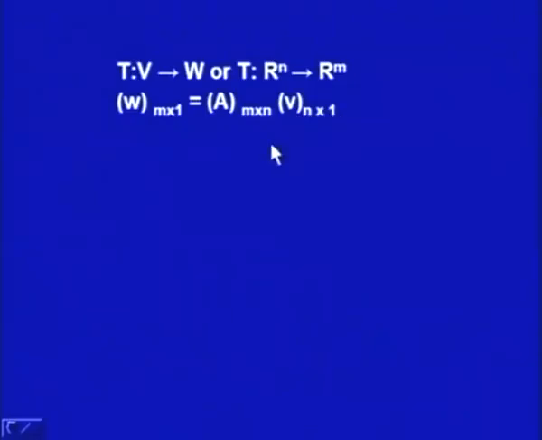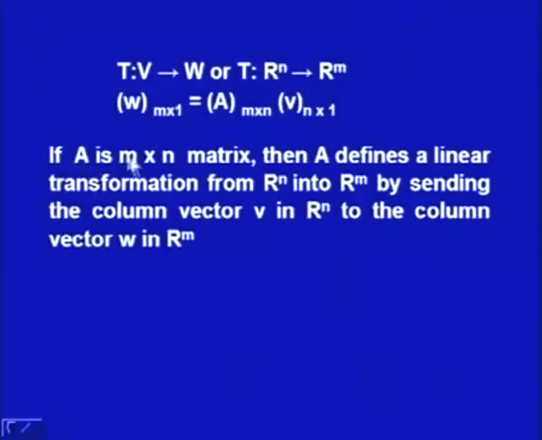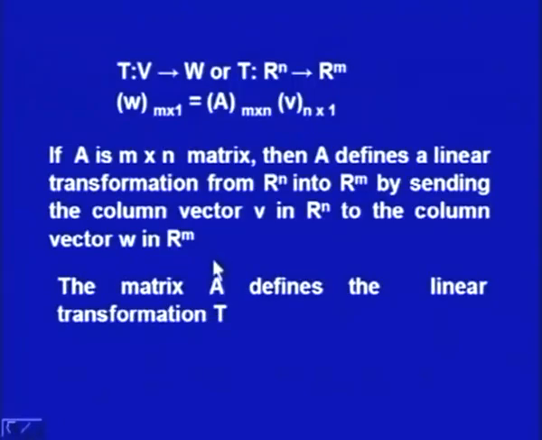So if A is an m by n matrix, then A defines a linear transformation from Rn into Rm by sending the column vector v in Rn to the column vector w in Rm. So the matrix A defines the linear transformation T. So with every linear transformation there is an associated matrix A.